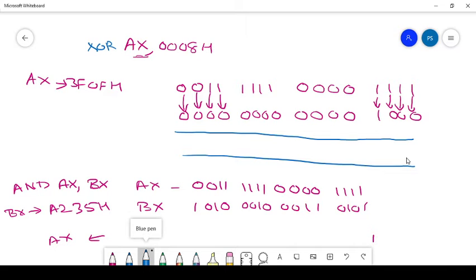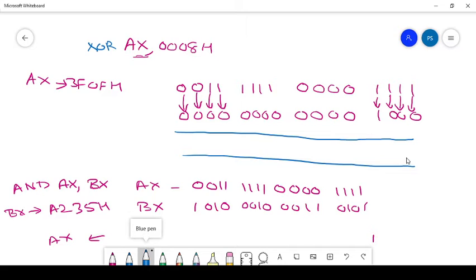AX, BX, it performs logical exclusive OR of the contents of AX and BX. So 1 1 0 1 0 1 1 1 0 1 1 1 0 0 1 0 1 1 1 0 1 1 1 0 0 1.